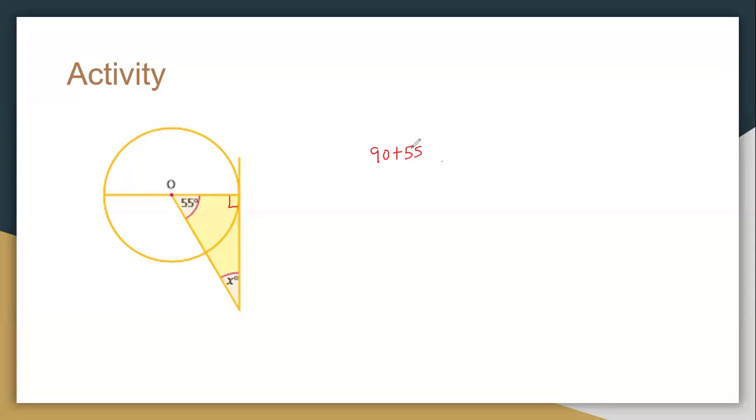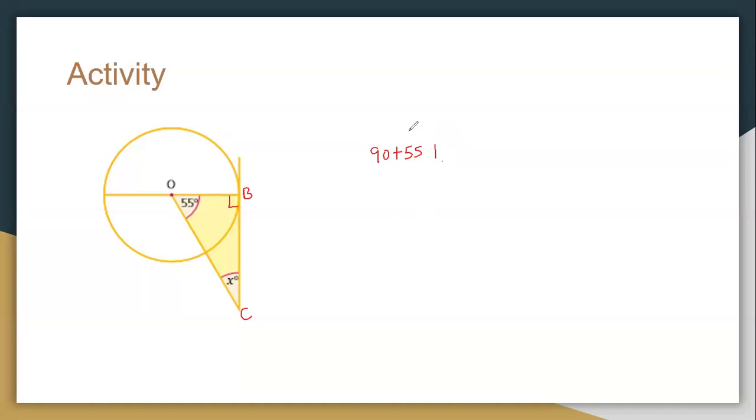Which figure are we forming? It's figure OBC, a right angle triangle. So 55 plus x will give us 90. Then if we take 55 to the other side, we will have x as 35.